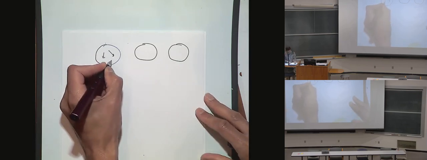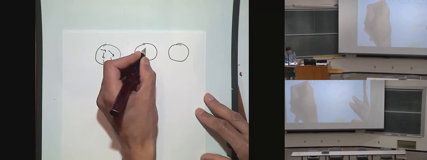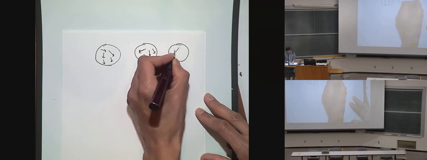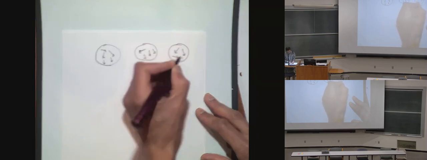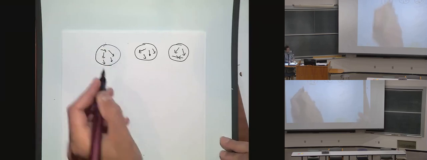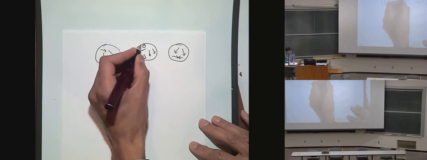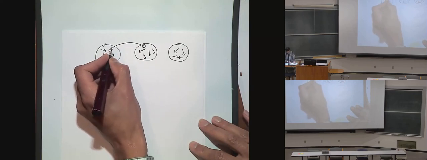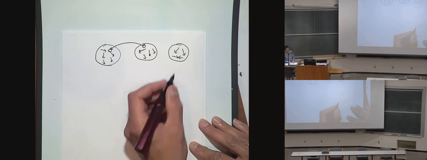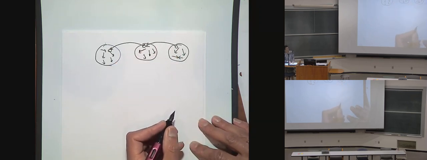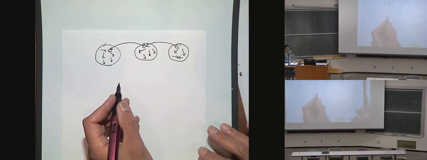This is a directed graph, and that's a directed graph, and this is some directed graph. Let me not worry too much about what's happening in here. But suppose from here you have one edge that goes back there, and from here you have one edge that goes back there, and there are no other edges between them.